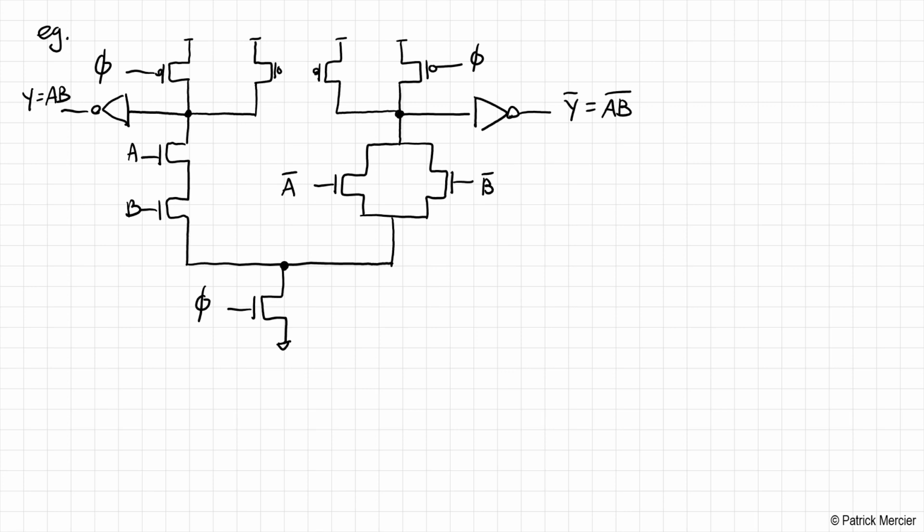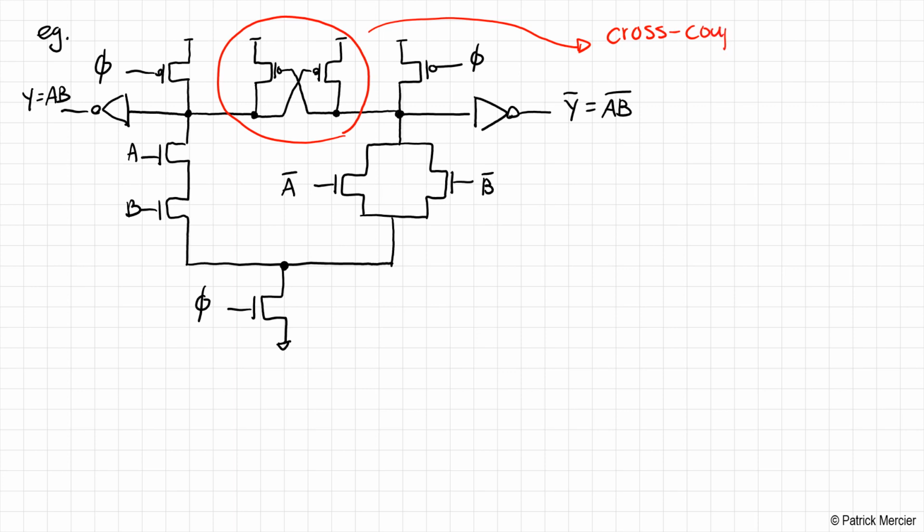Okay, so basically what we do is we take the output of this PMOS, connect it to the gate over there, and so on. Okay, so these are what we refer to as, let me just spell it out, cross-coupled keepers.